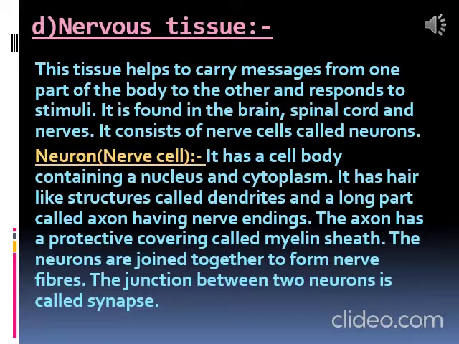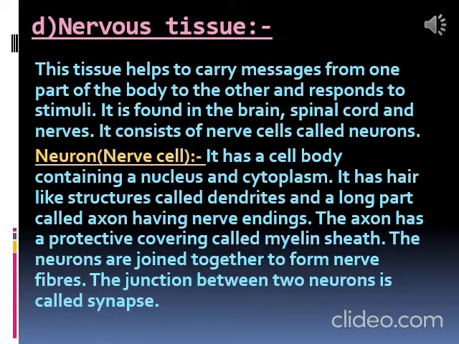Now let's study what this neuron or nerve cell looks like, or what its structure is. It has a cell body containing a nucleus and cytoplasm. It has hair-like structures called dendrites and a long part called axon having nerve endings. The axon also has a protective covering called myelin sheath. These neurons are joined together to form nerve fibers.